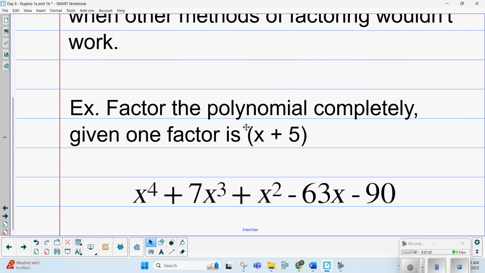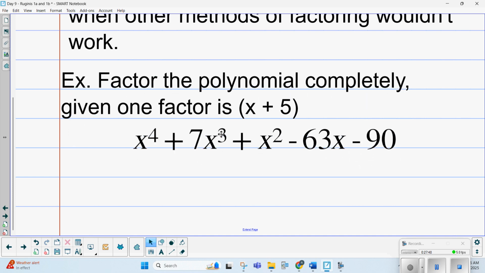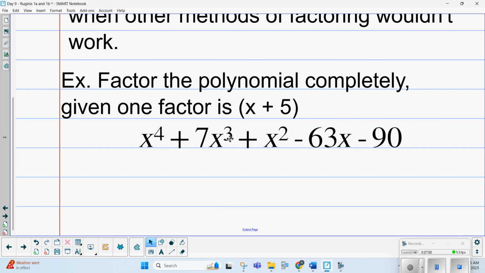It says factor the polynomial completely given one factor is x plus 5. All right, so we want to factor this thing completely given that one of the factors is x plus 5. Now, if we think about our current techniques, we can always check for simple factoring. We have our special cases for 2 terms, ac for 3 terms, and grouping for 4 terms.